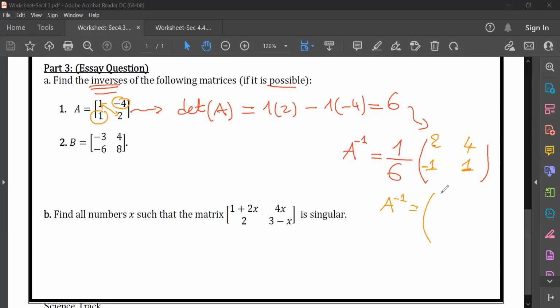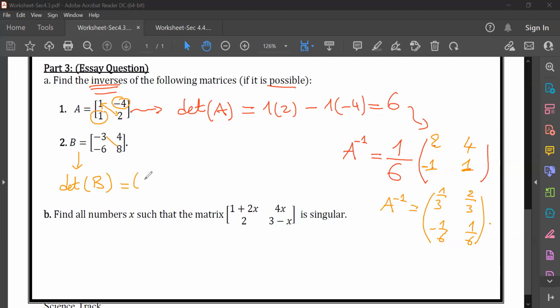We multiply by 6 if you want: 1 over 3, 2 over 3, minus 1 over 6, 1 over 6. This is quite easy, the determinant of a matrix of order 2. What about B? What is the determinant of B?